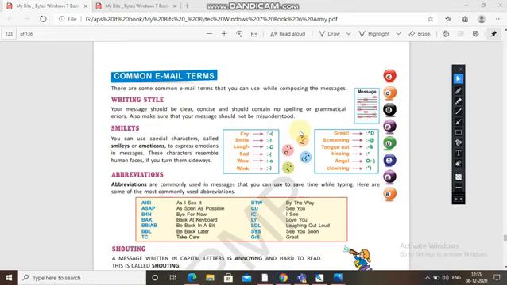Now next, smileys. You can use special characters, called smileys and emoticons, to express emotions in messages. These characters resemble human faces if you turn them sideways, just like it is given.